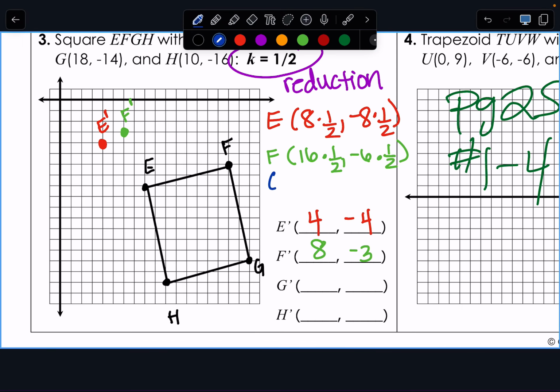So G is the coordinate 18, -14. What is 18 times 1/2? 9. And what is -14 times 1/2? -7.